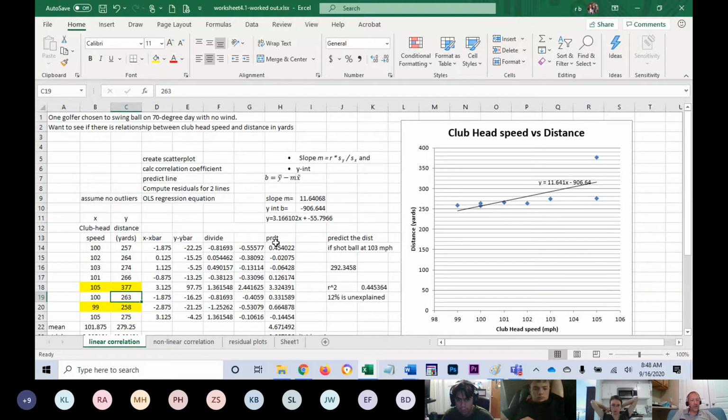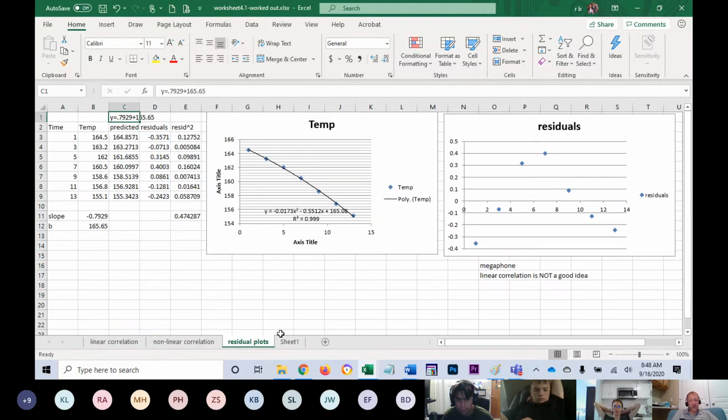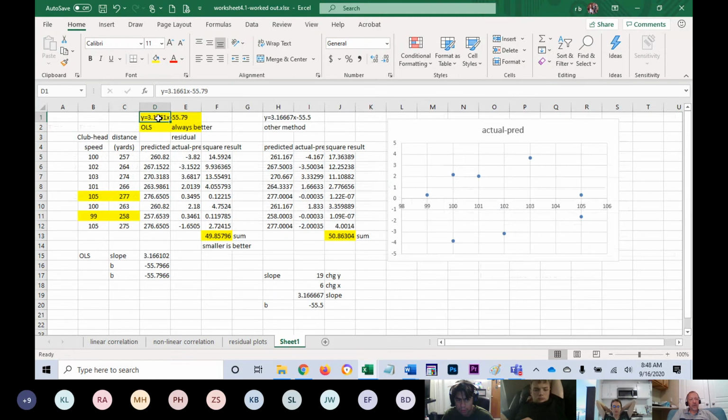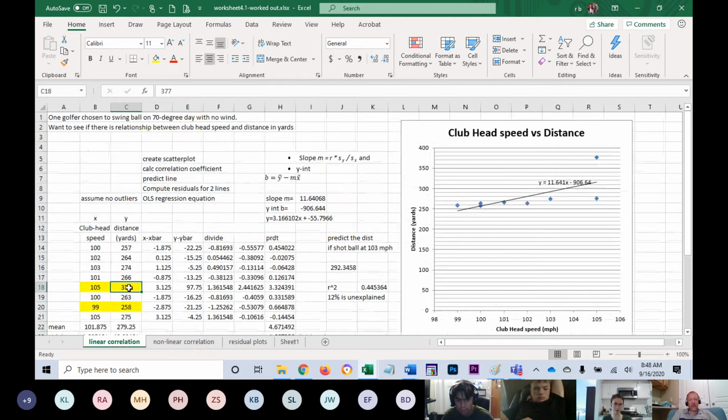So the original equation is right here, 3.1661. When I put the outlier in here, 377 instead of 277, you can see that the equation changes pretty drastically, and the line shifts to compensate for that point.